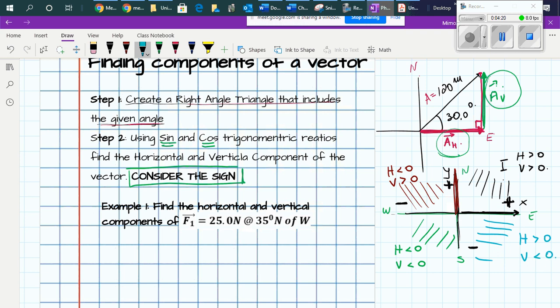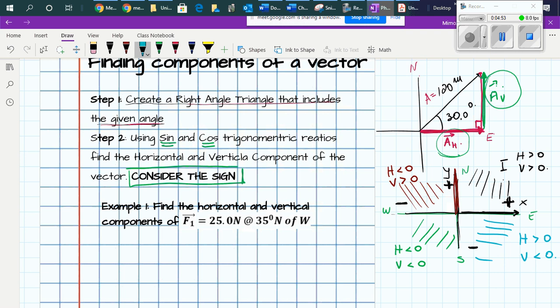Now, very often in math, if it is positive, we do not state it because we assume that it is positive. In physics, we will state it, because in physics, stating a positive or a negative tells whoever reads your paper that you are talking about a vector quantity, not a scalar quantity.